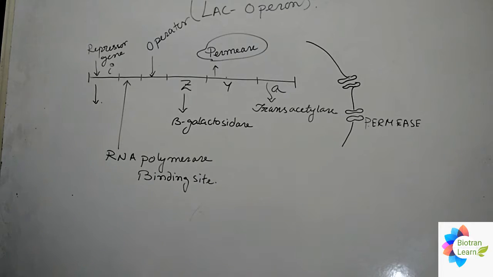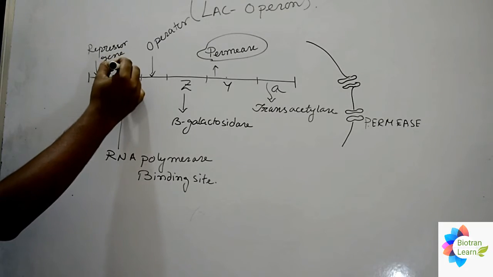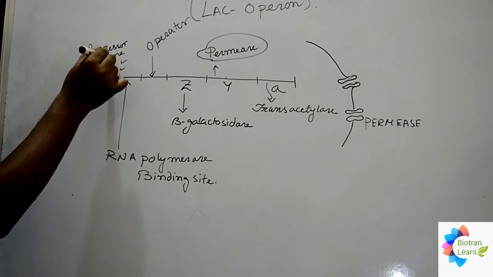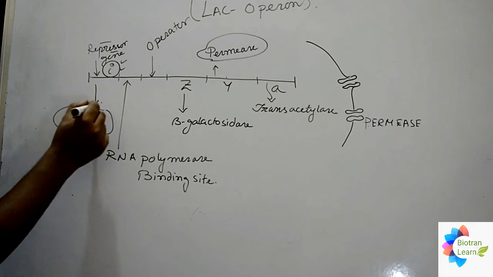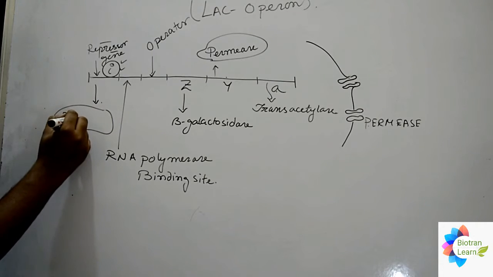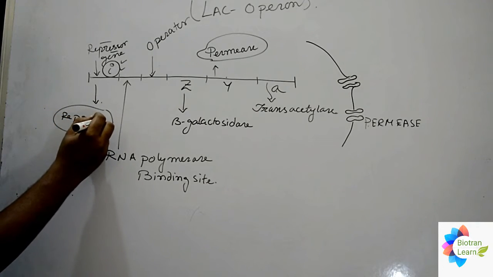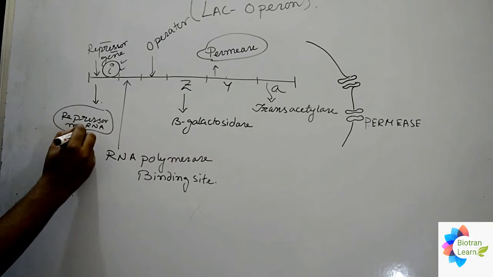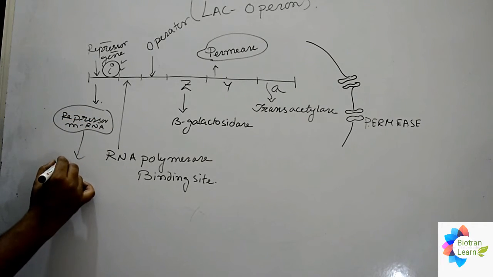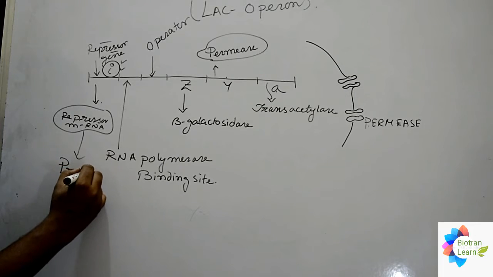In this case, first we will get an I gene, or repressor gene. Repressor mRNA will be produced, and that mRNA will produce a repressor protein.